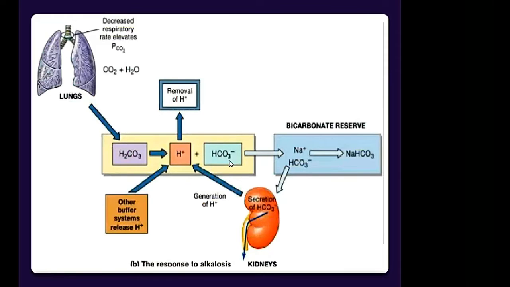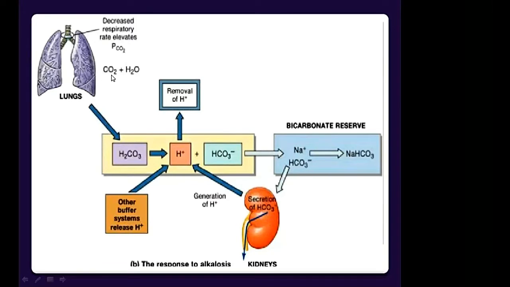At the same time, what is going to happen in the other organs, like the lungs? This is the response to alkalosis. Suppose alkalosis suddenly increases in your blood, what is going to happen in the lungs? In the lungs, a decreased respiratory rate comes, that elevates the partial pressure of carbon dioxide, PCO2 increases in the lungs. When PCO2 increases in the lungs, more carbon dioxide will be there.